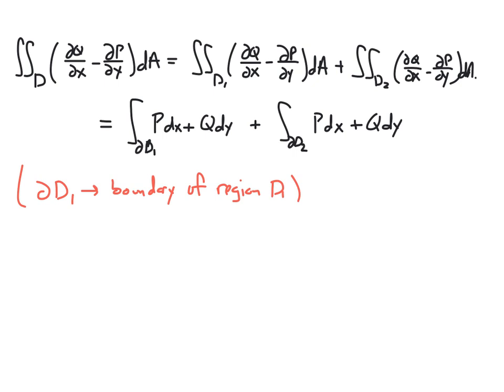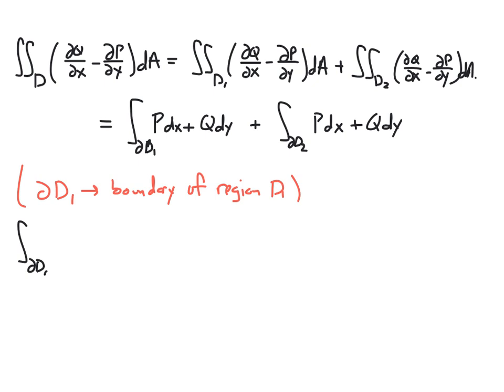So I'm going to use really bad notation here. I'm going to leave out the P dx plus Q dy because it's going to be the same. But I just want to break down what is the integral over the boundary of D1, right?